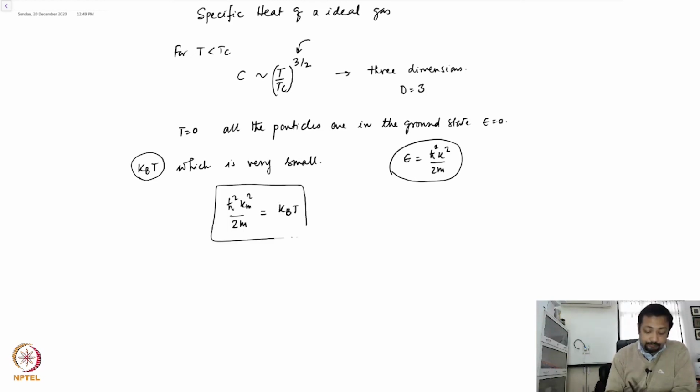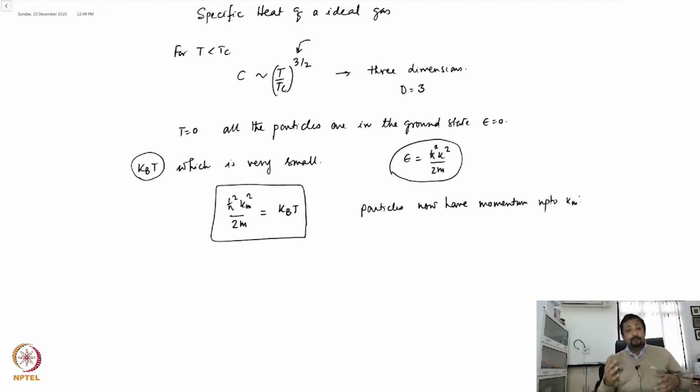So these km values are now occupied. So particles now have momentum up to km.